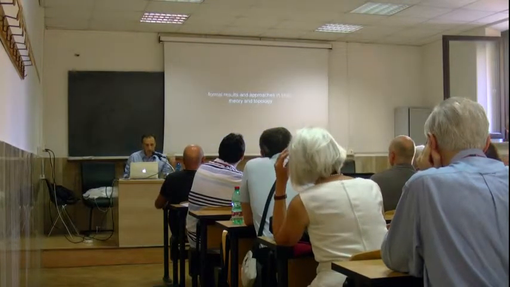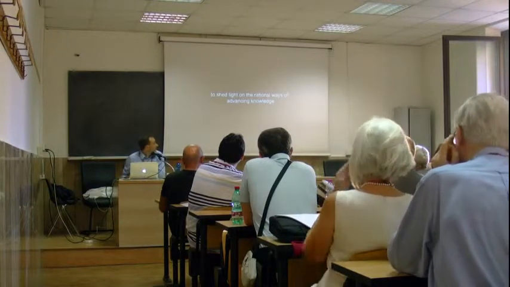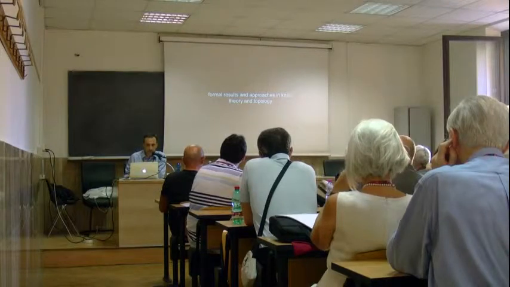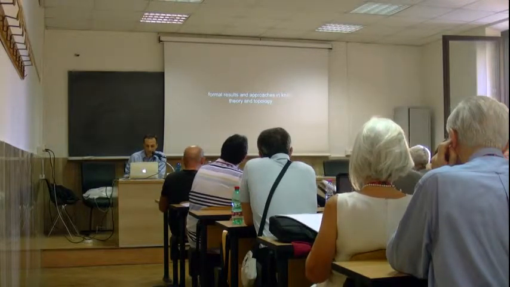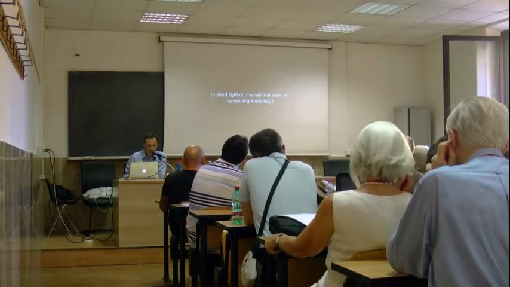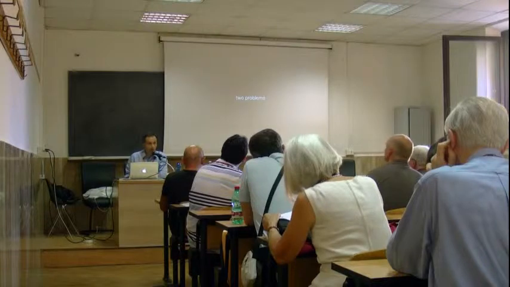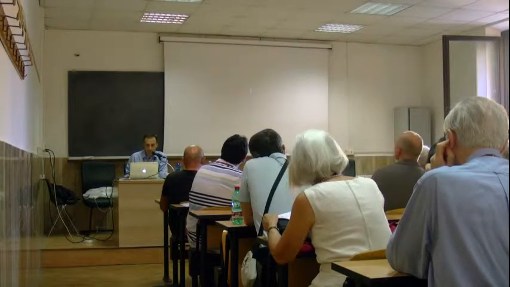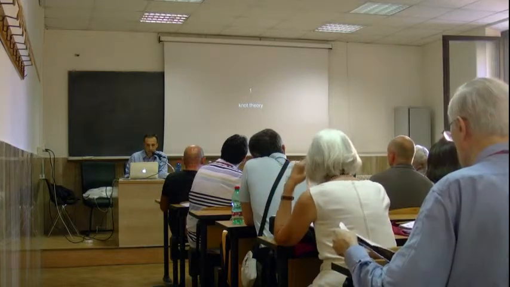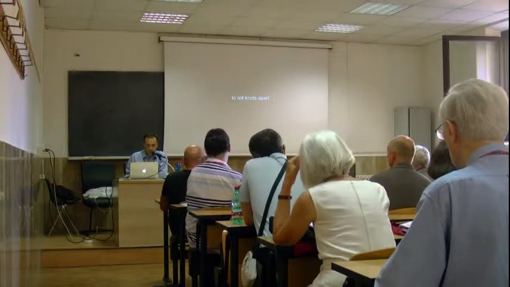In my talk, I will examine former results in knot theory and topology in order to shed light on the rational ways of advancing knowledge. To this end, I will focus on two problems. The first one is in knot theory, and the problem is about how to tell knots apart.